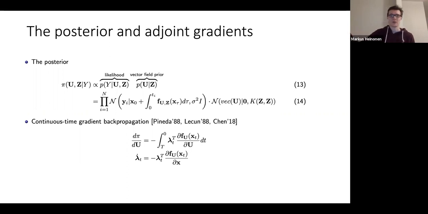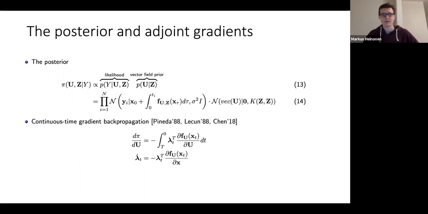So we start from the endpoint and we run the gradients backward in time, sort of to accumulate all the information of how we should change the system. And here we see these adjoint equations at the bottom, which were already derived in the 80s by several people, and then lately popularized by this Chen et al. paper.